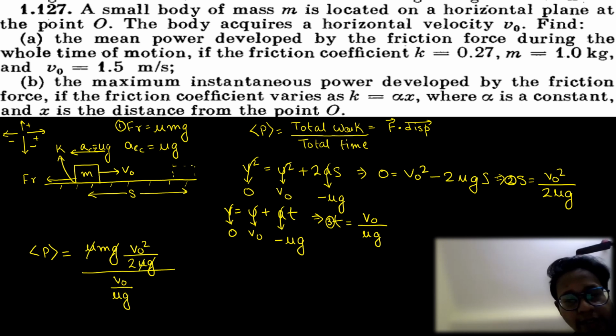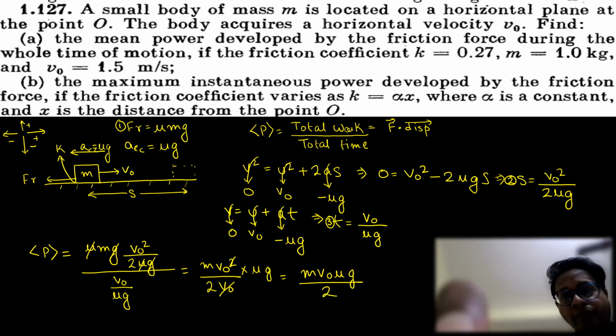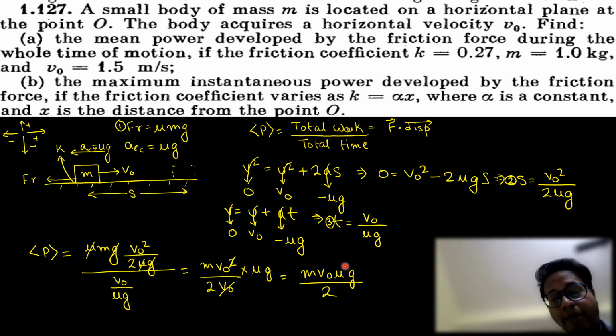What is left? m v naught square by 2 v naught, and v naught square gets cancelled with v naught, so it is m v naught mu g by 2. This is the average power developed by friction force.